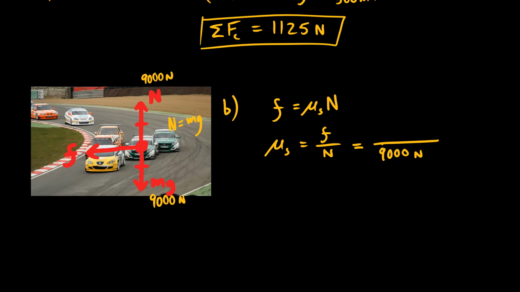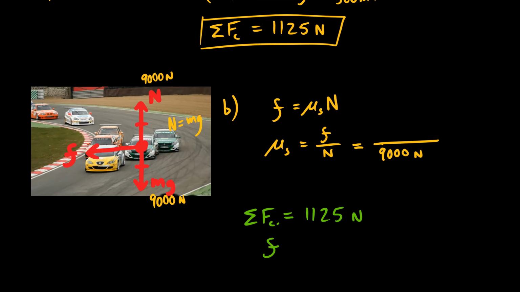Well, the net force in the centripetal direction, if we go with Newton's second law, let's do it in a different color. Net force is equal to 1,125 newtons. That's from part A. Well, the only force pointing towards the center of the circle in the centripetal direction is the force of friction.